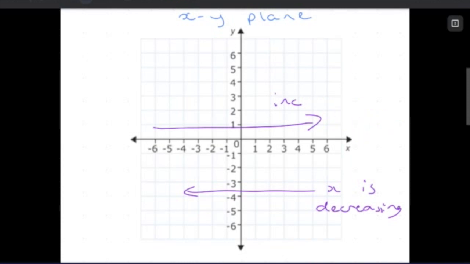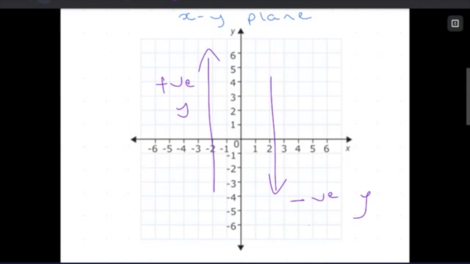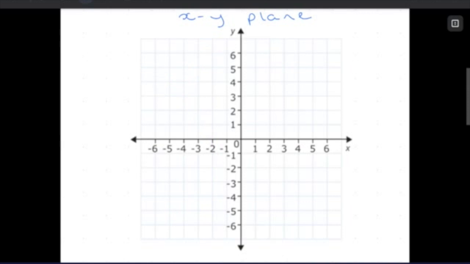Let's have a look at the Y as well. It's very similar: as we go up, we are going in the positive Y direction, and as we go down, in a very similar way to the X, we are going in the negative Y direction. So that is how we can orientate ourselves along this plane.